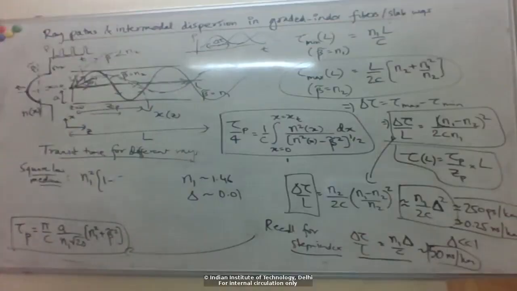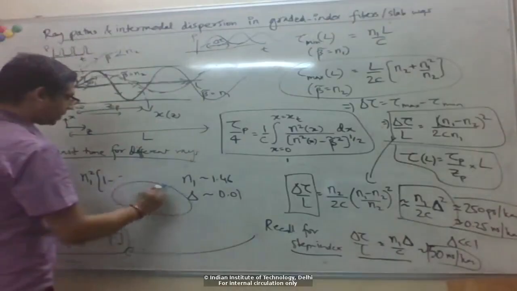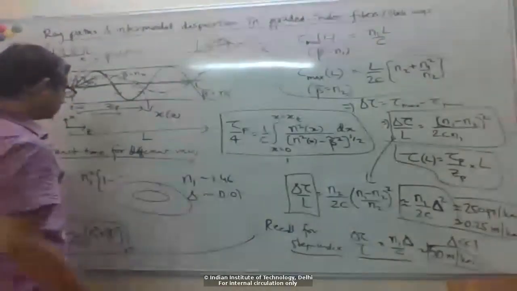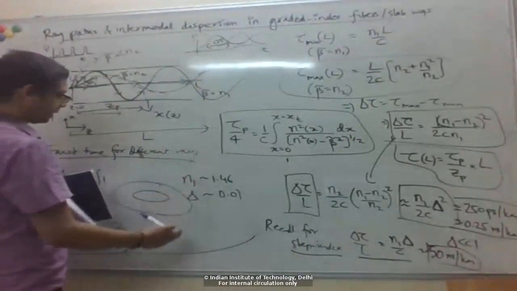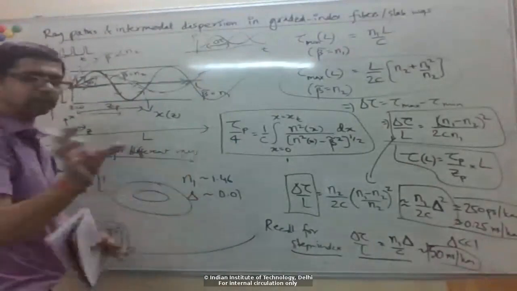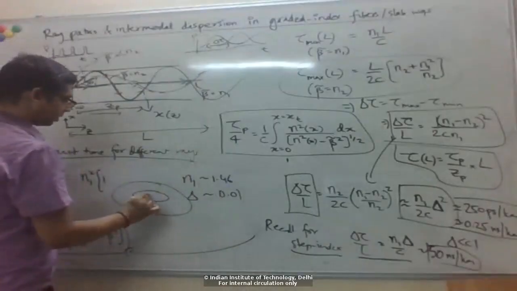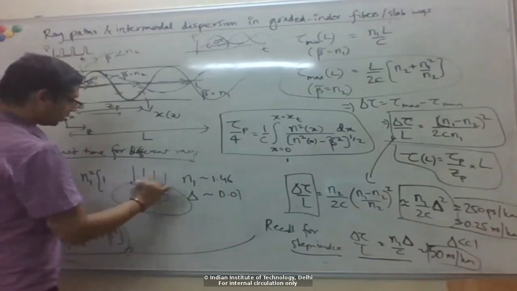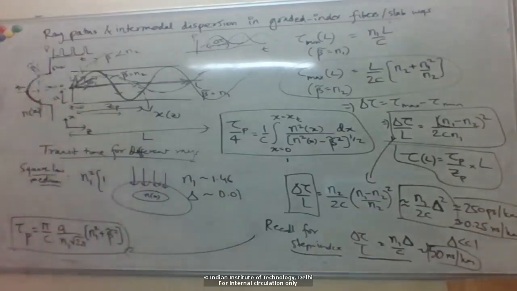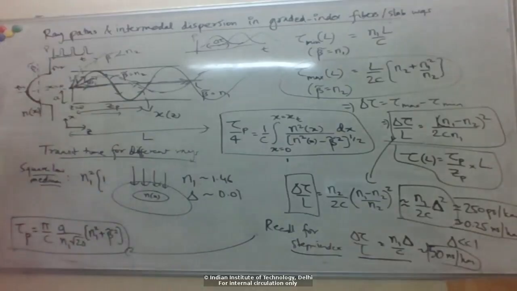The other thing is, as I said, how these fibers are made. You start with a big preform, right? So millimeter, centimeter sized. Sometimes they're like this big, right? You start with some step index core, and then you dope with ions.